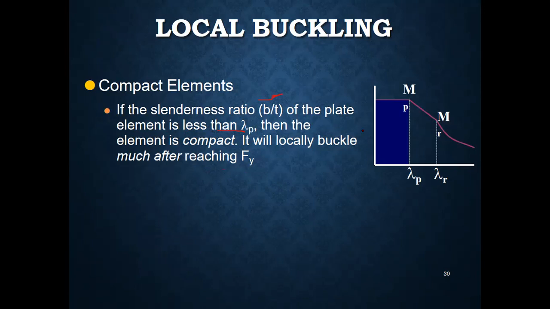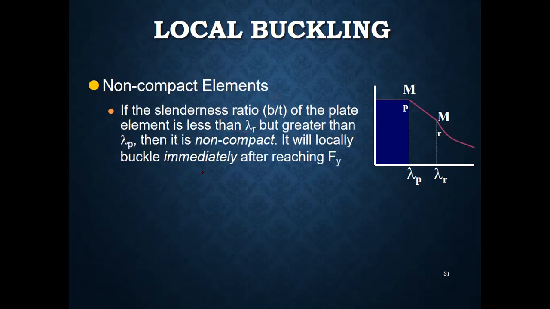So if we compare MP and MR, which is the resisting moment, and MP is the plastic moment, when MP is less than the resisting moment, then the section is going to be compact.